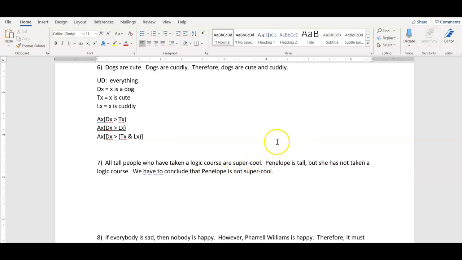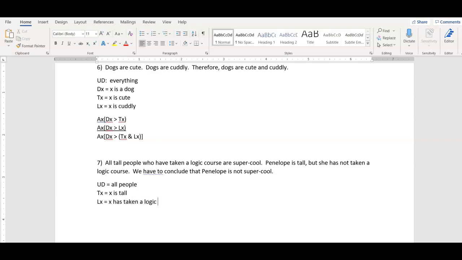Now in this case, we are just talking about people. So we could set the UD to be all people instead of all things, which will allow us to skip having a predicate specifically for people. So we have TX: X is tall, LX: X has taken a logic course, and SX: X is super cool.